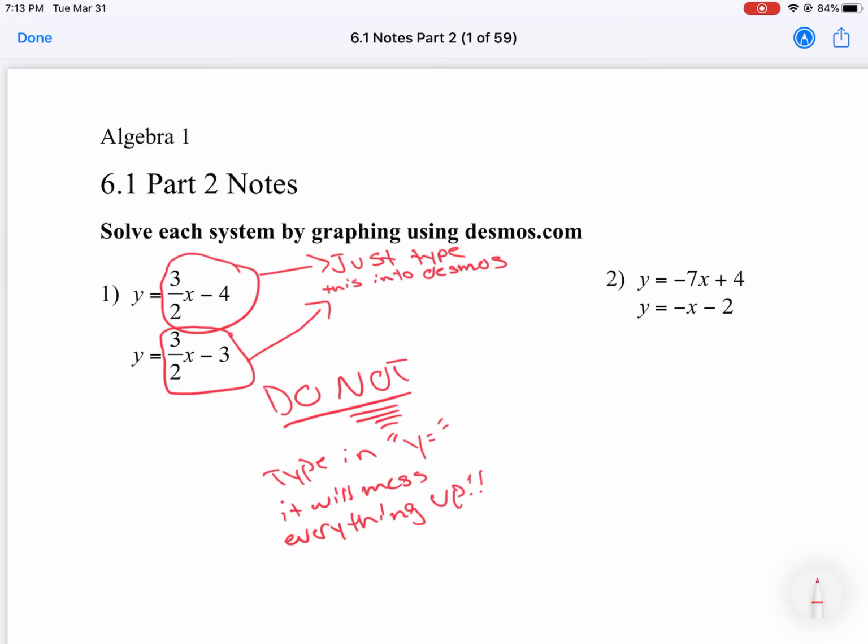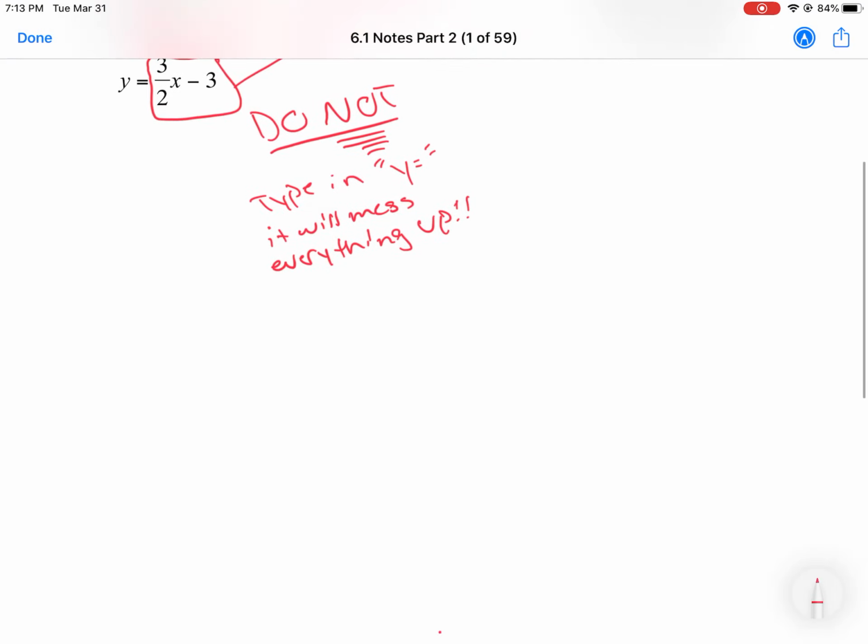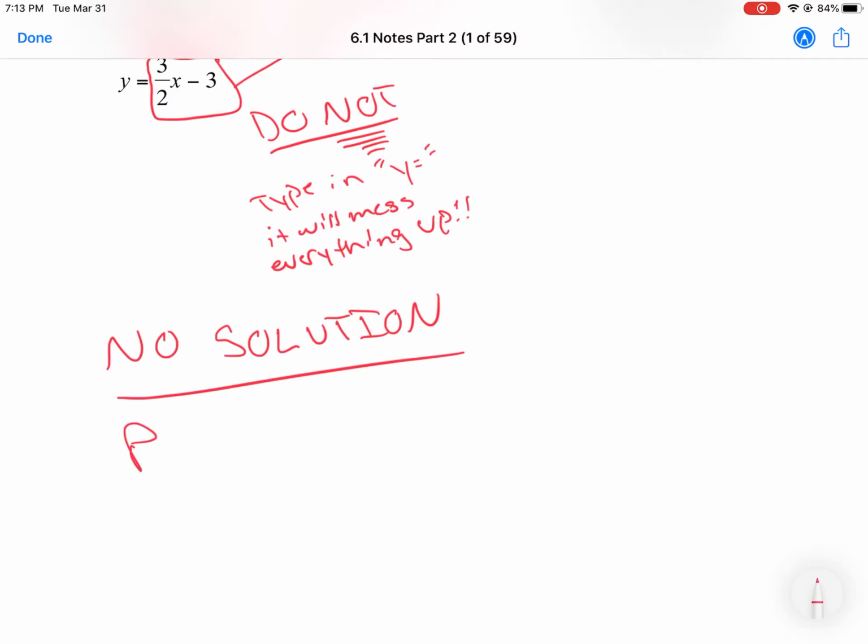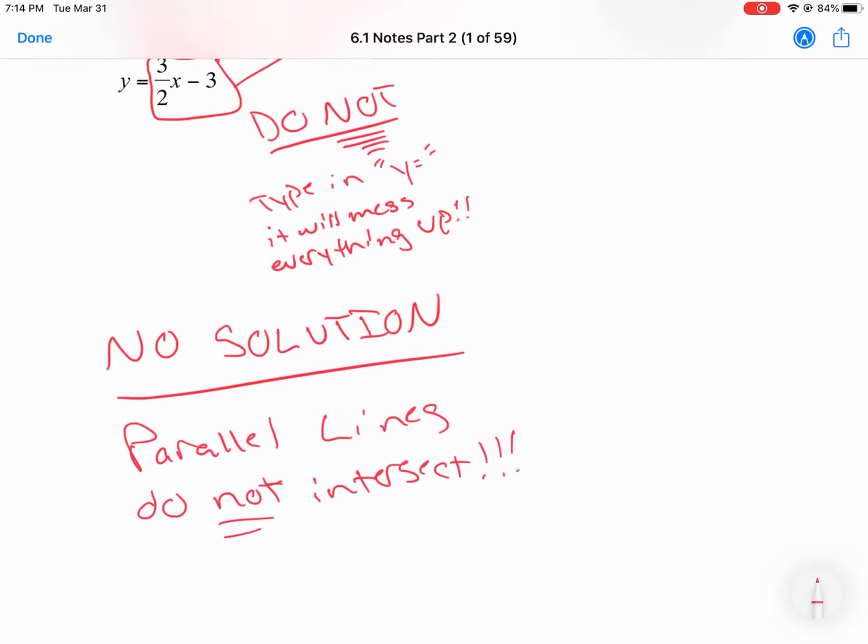So like I was talking about earlier, when we have 2 lines that are parallel and do not intersect, that means we are going to have no solution. Sound good? No solution. We have parallel lines that do not intersect.